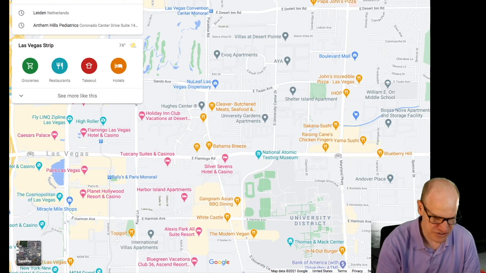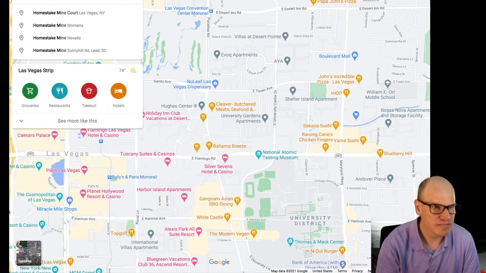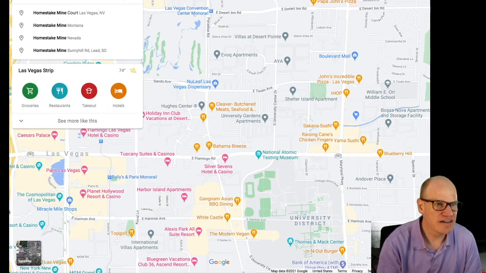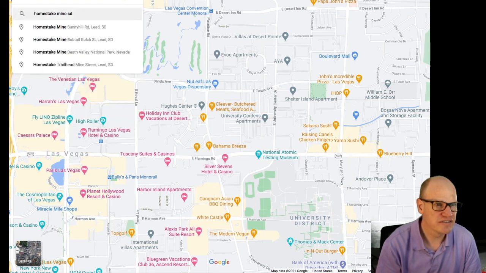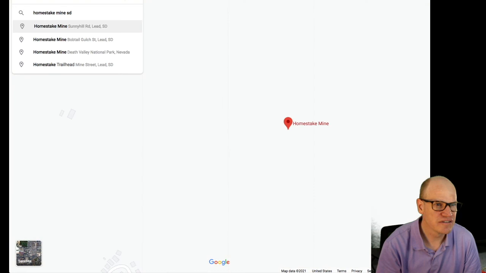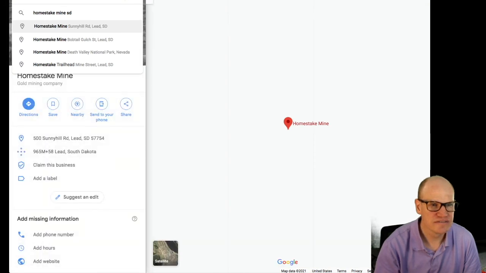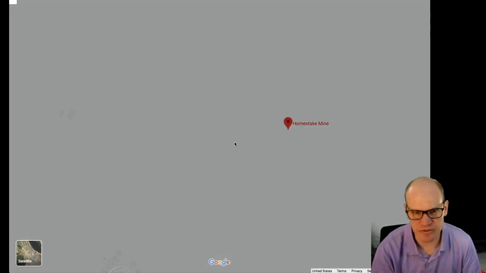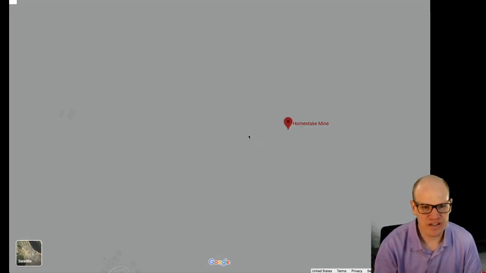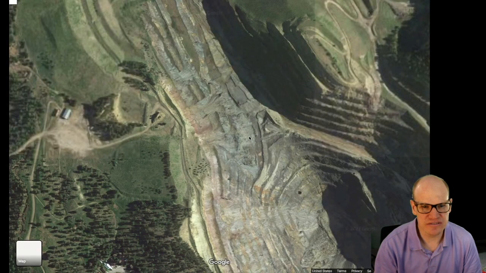So if we look at Homestake Mine, South Dakota. So this is the Homestake Mine where the original experiment was run, right there.